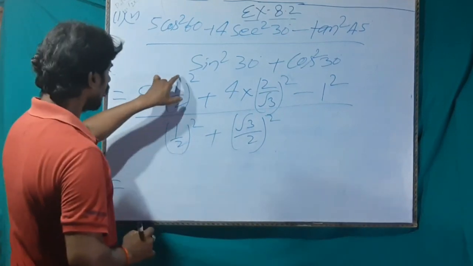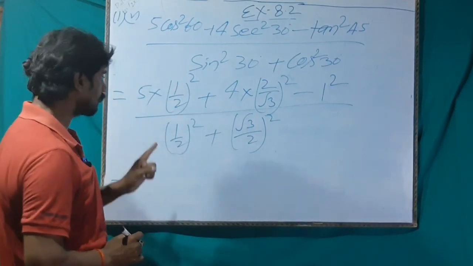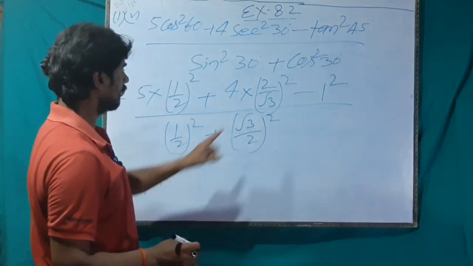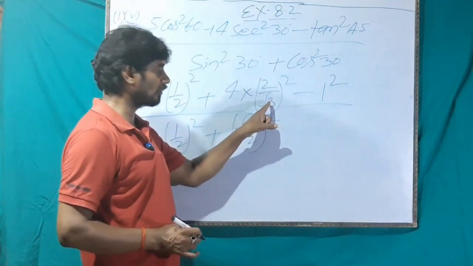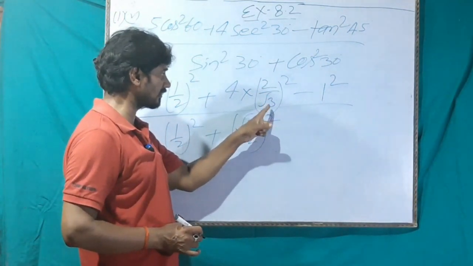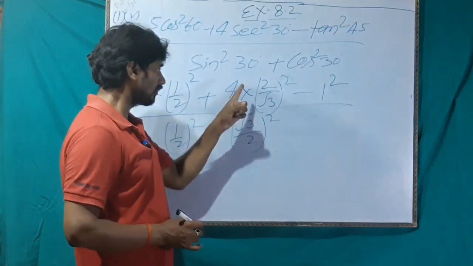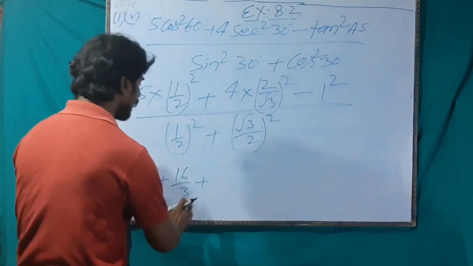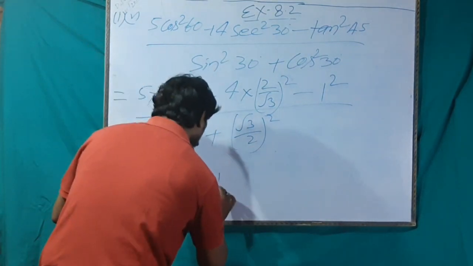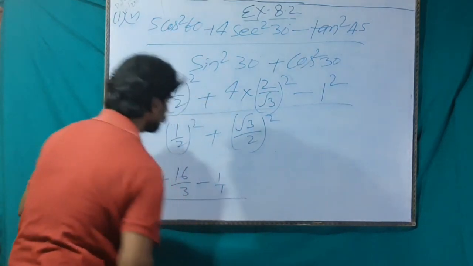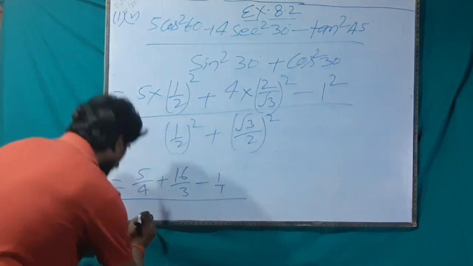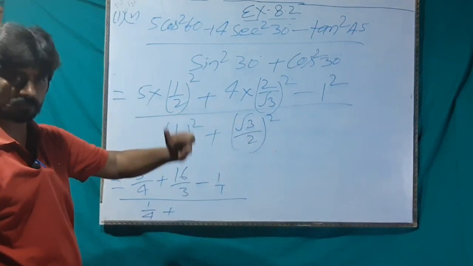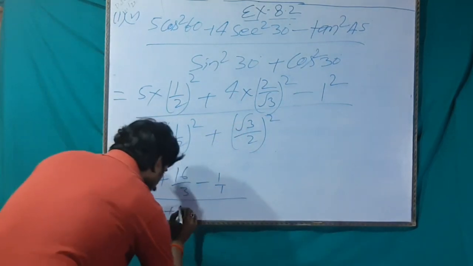Next, 1 by 2 whole to the power 2 means 1 by 4, into 5 is 5 by 4, plus 4 into 4 by 3, that is 16 by 3, minus 1 square, that is 1 by 1, by 1 by 2 square, that means 1 by 4, plus root 3 square is 3, 2 square is 4, 3 by 4.